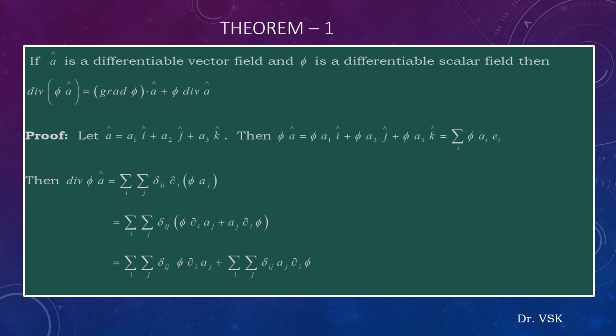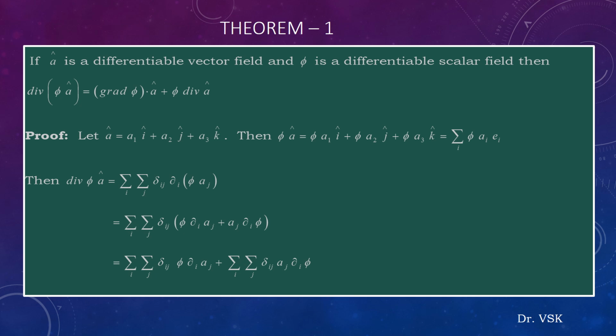Now, div of phi a cap equals sigma over i, sigma over j, delta sub ij times phi dou aj plus aj dou phi. This is the product formula of the derivative. In this, the indices i and j take the values 1, 2 and 3.